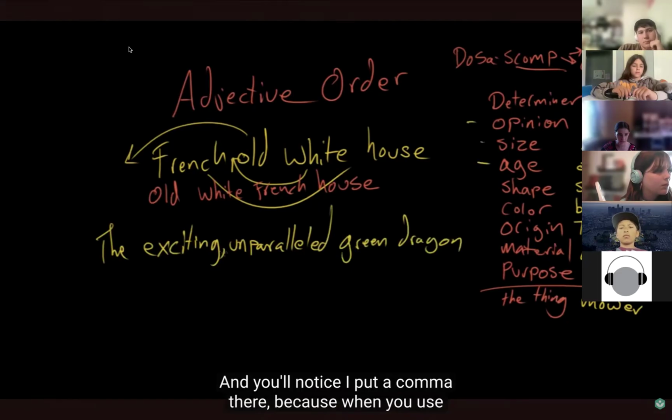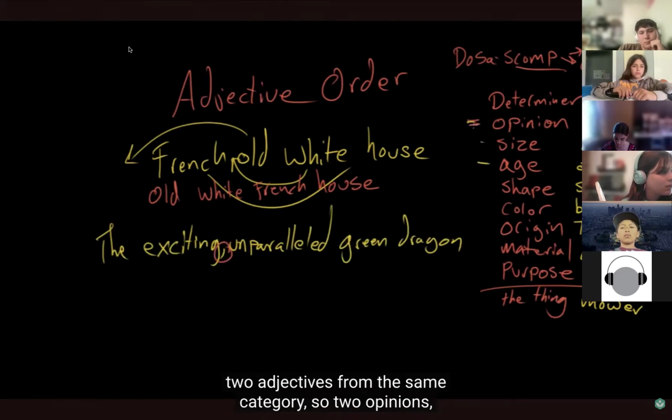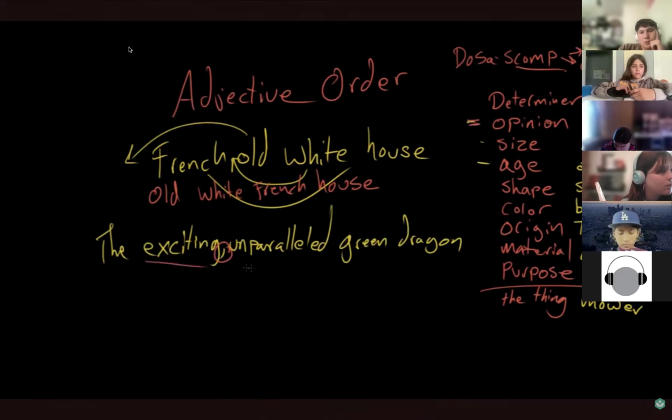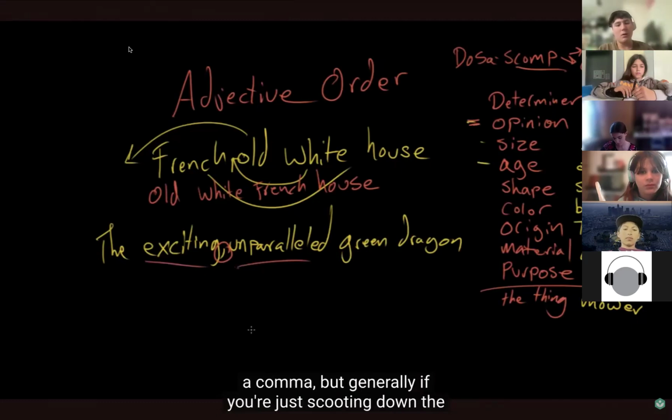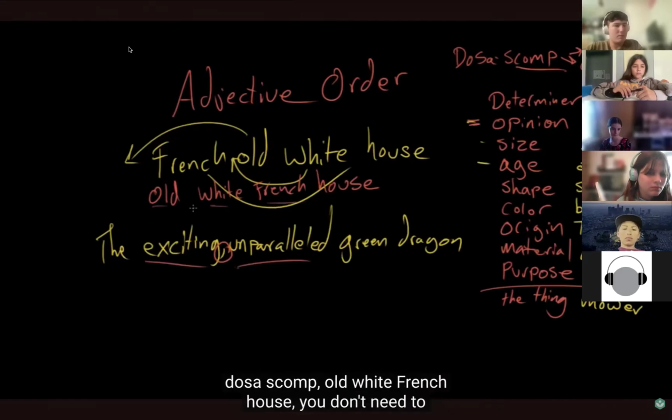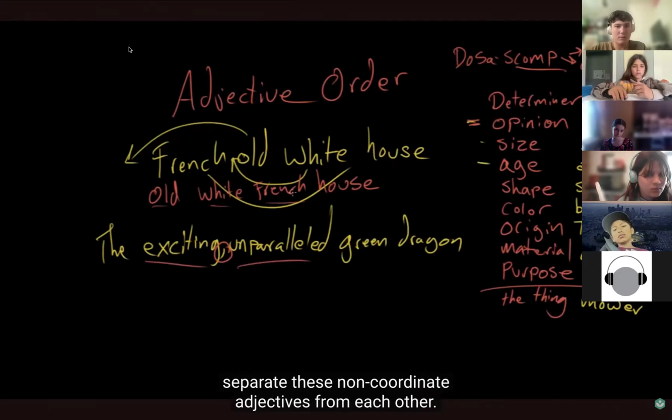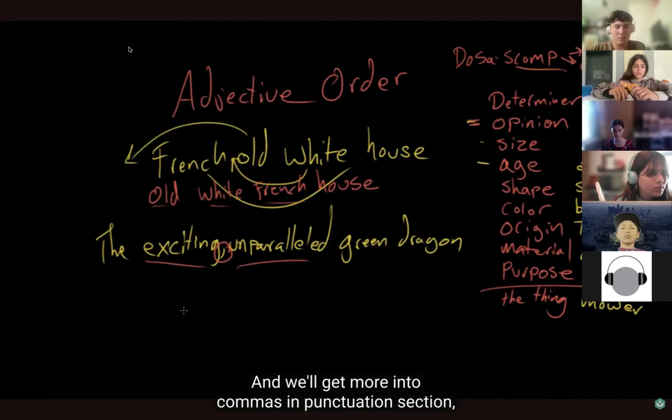And you'll notice I put a comma there because when you use two adjectives from the same category, so two opinions, the exciting and unparalleled, you want to separate them with a comma. But generally, if you're just scooting down the dosascomp, old white French house, you don't need to separate these non-coordinate adjectives from each other. And we'll get more into commas in the punctuation section.